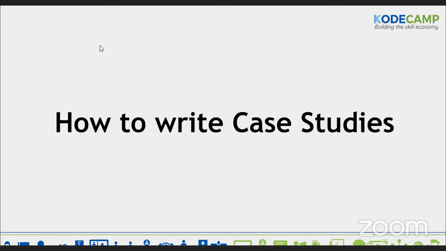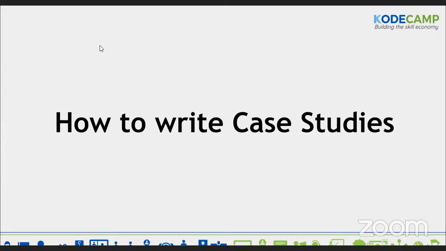So the projects inside your portfolio are like evidence in a legal case. That's why you must choose the projects for your portfolio very carefully. You cannot just put any project out there as your case study, which is a topic for another day. We're going to talk about how to pick the right project for your case studies in another class.